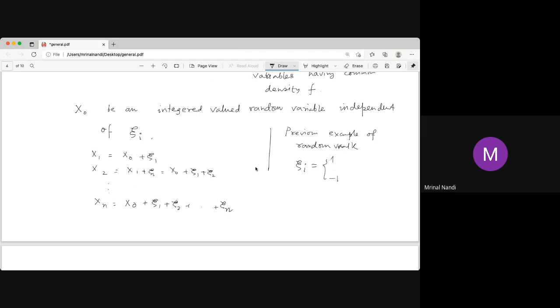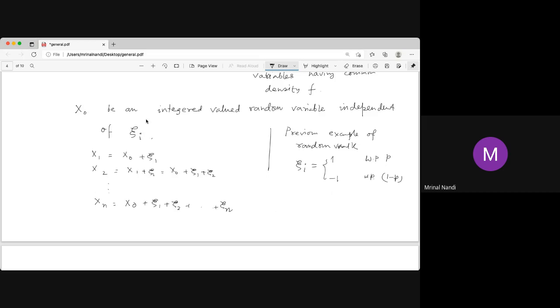So you can add 1 or you can add -1. That means one step forward or one step backward, with probability p and with probability 1 minus p. And if it is half, then it is the previous case. It is the first case you see in the random walk.